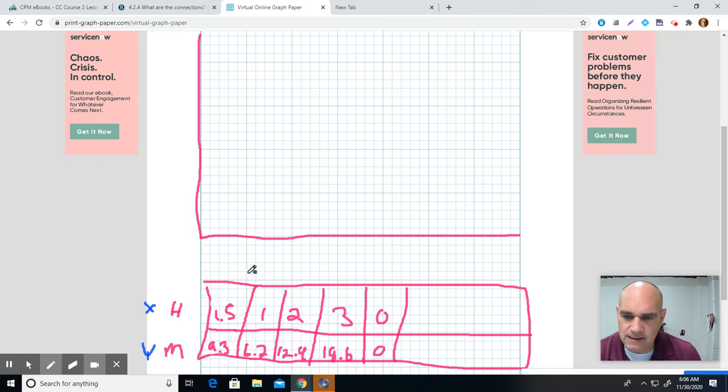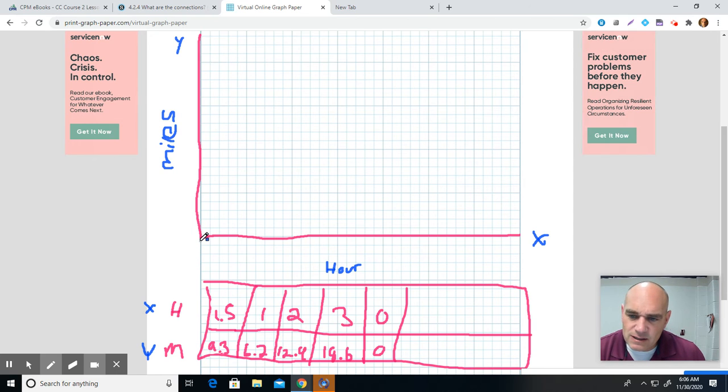That's my x, and this is my y. We need to label this as hours. Then we're going to label the y-axis as miles. And you would be making one of these on your notebook paper, or you should have already.